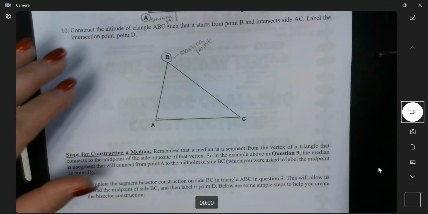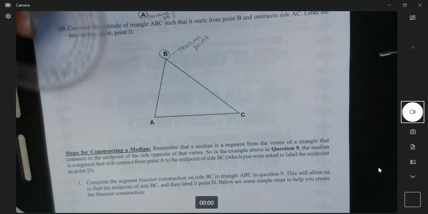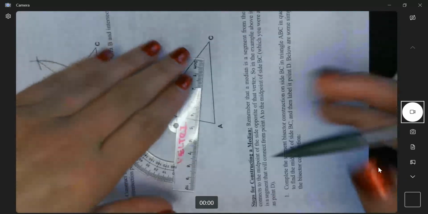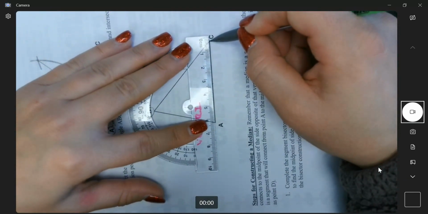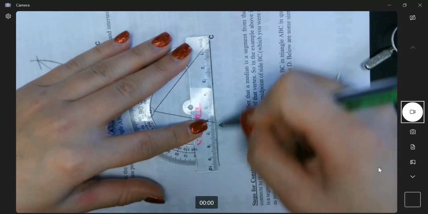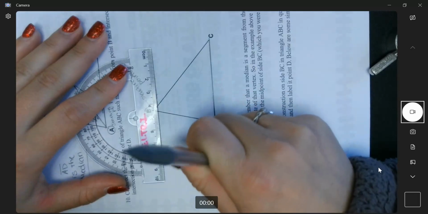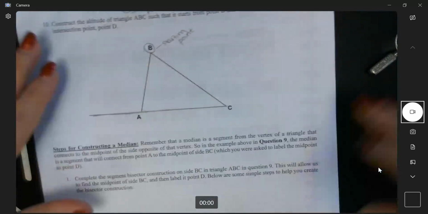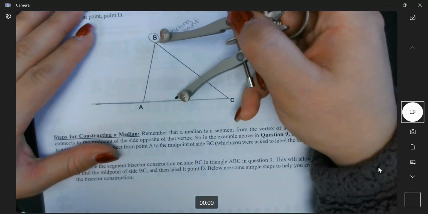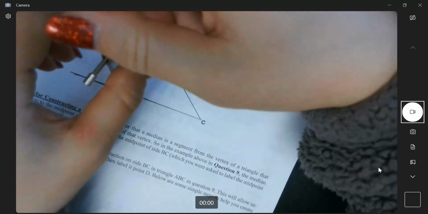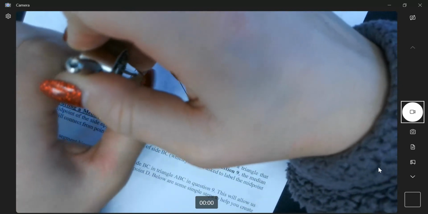So maybe for this one, let's extend out AC so that it's a little bit longer so we've got more room to work with. Let's do that. Okay, just so we have more room to make our construction correctly without having to stress about the width of the compass. So you can make it a little wider now because you have more to work with.